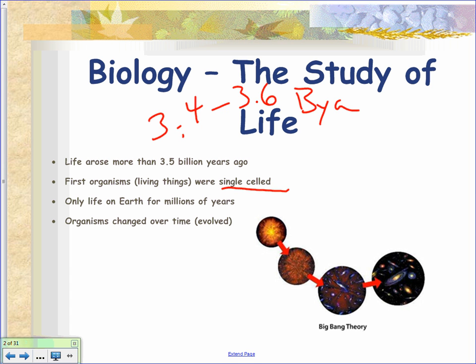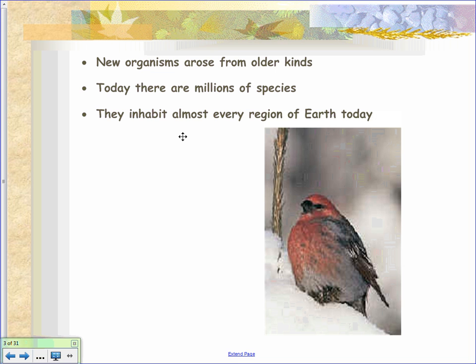Organisms evolved over a very long period of time, so new organisms over time arose from older kinds. Today, we find that there are millions of species and they inhabit almost every region of Earth.